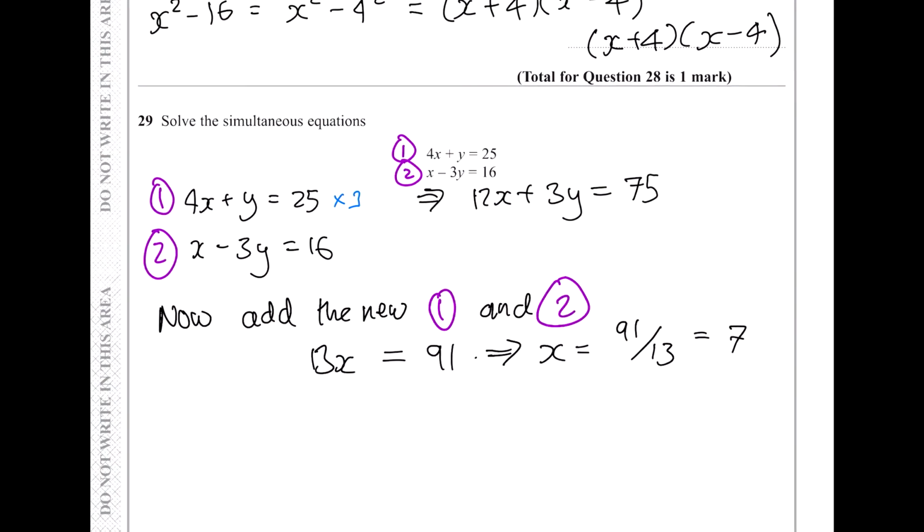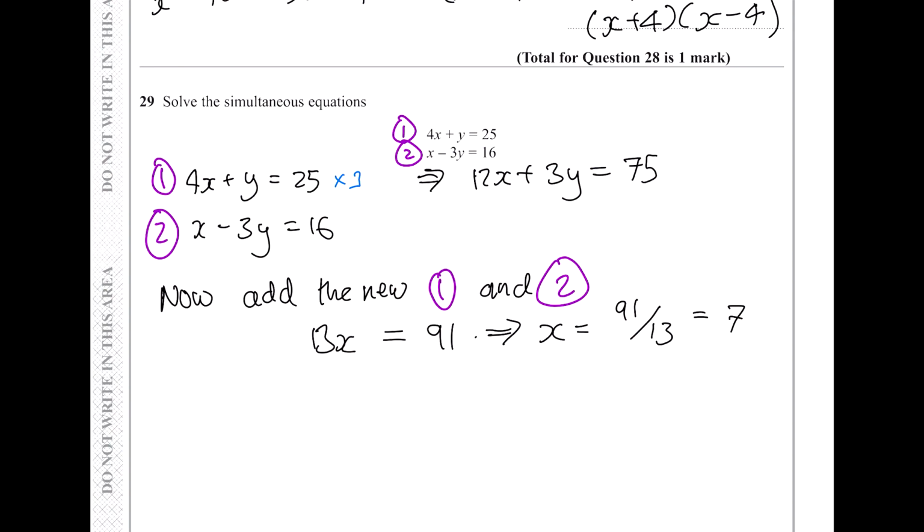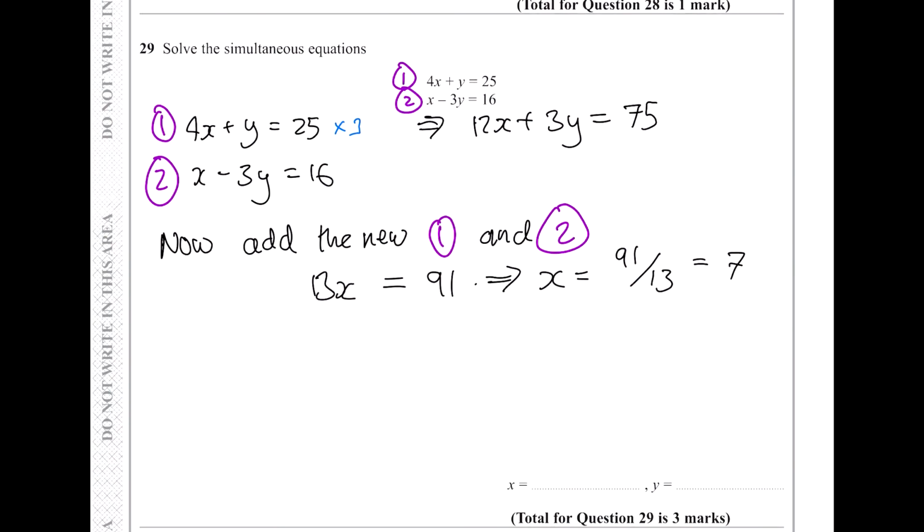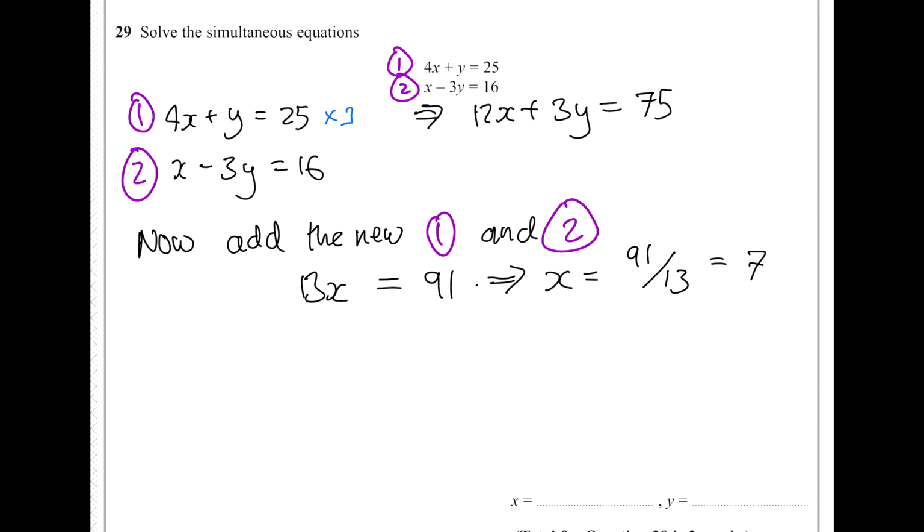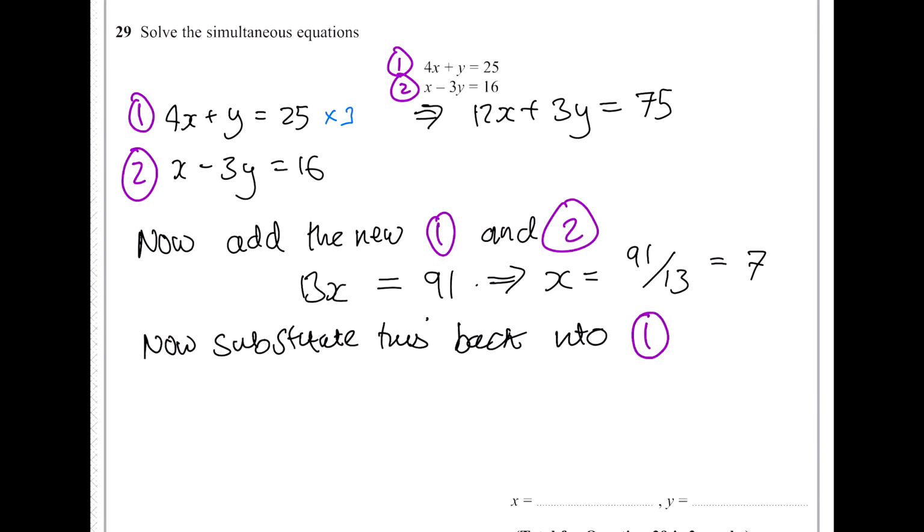And now we know what x is, we can plug it into the first equation and figure out what y is. Now substitute this back into, let's choose equation 1. It doesn't really matter as long as you're consistent which equation you put it back into. So we'll put it back into 1.